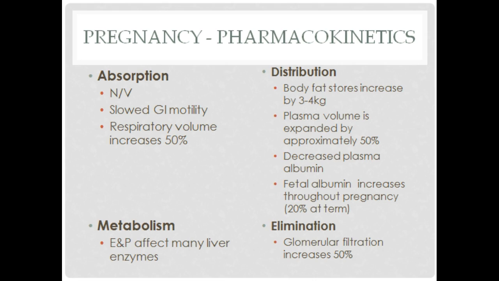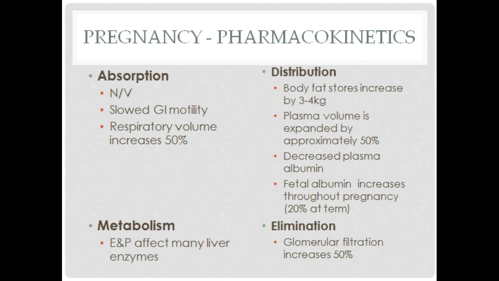And then, of course, we've got the slow GI motility that happens in pregnancy, meaning that medications would be in her GI tract longer, so the potential for more absorption there. But then there can also be delayed gastric emptying in pregnancy, and that delay can delay the onset that the drug initially takes effect. So it can take a little bit longer before it starts to get absorbed.